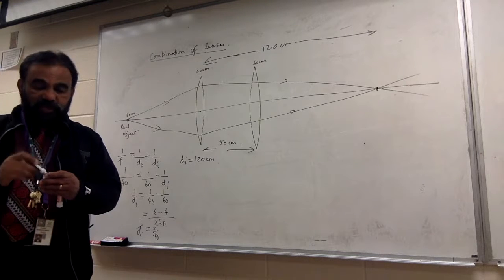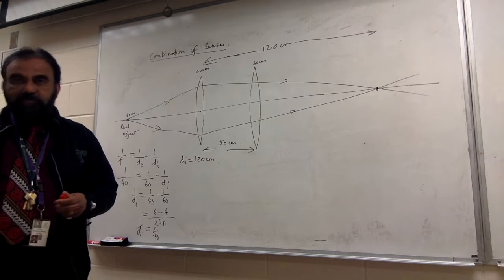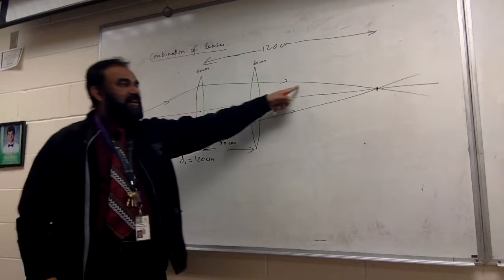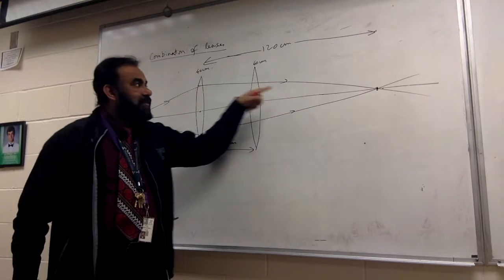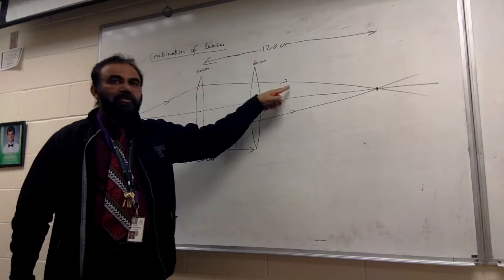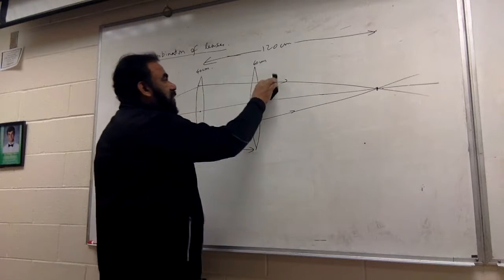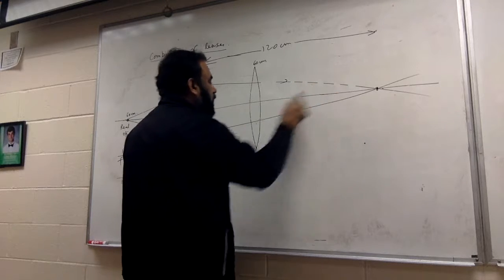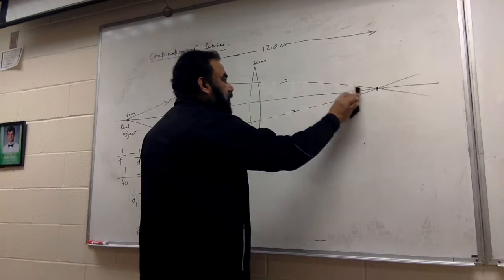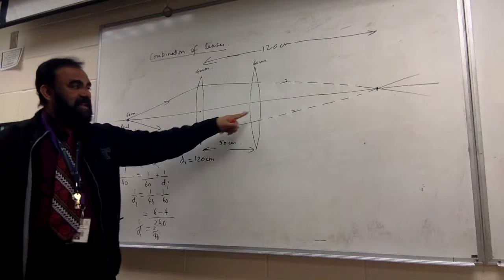Now, what is going to happen is this. Are these rays really going to go there? Are these rays going to continue going straight? No. So these rays are not going to go there. They would have gone there if this lens was not there.